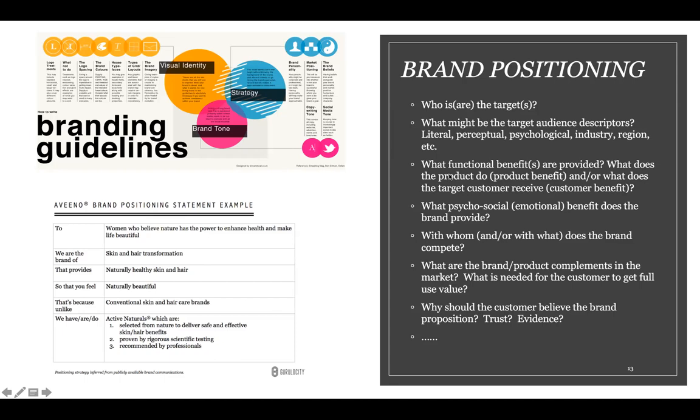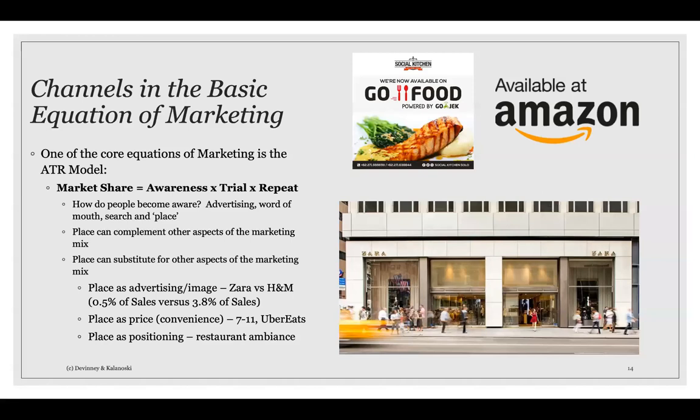Does it resonate because of the functional benefits and or the psychosocial benefits? Or, for example, the fact that it allows for complementarities within the brand category, within the brand, as in the case, say, of something like Aveeno, which is a skin and hair brand.